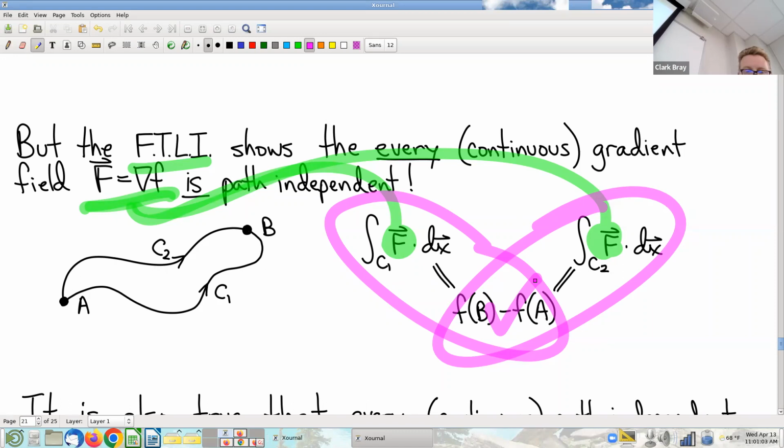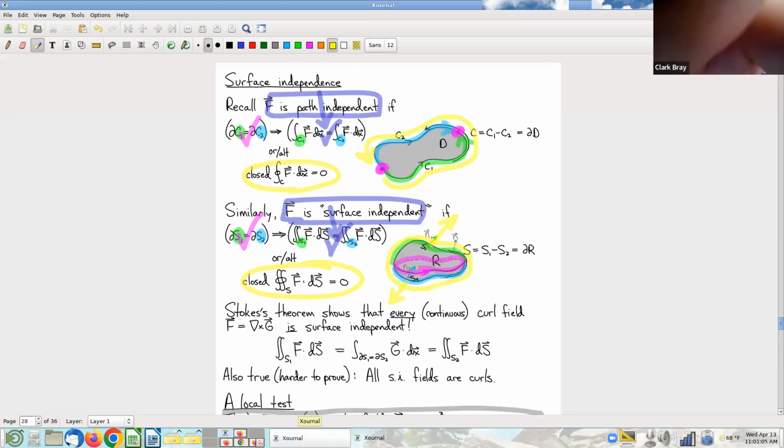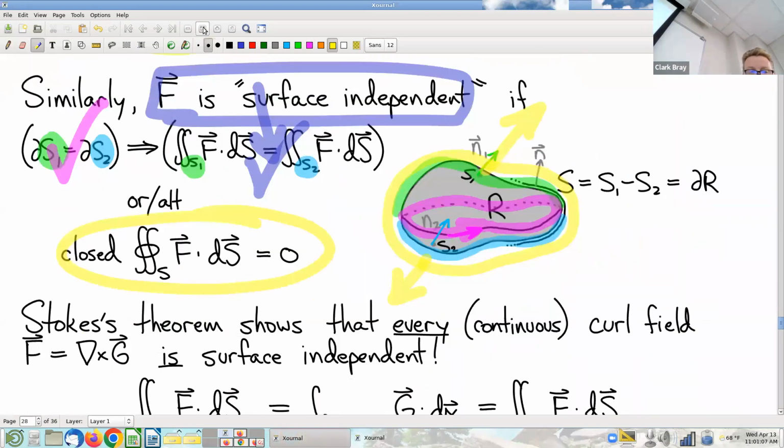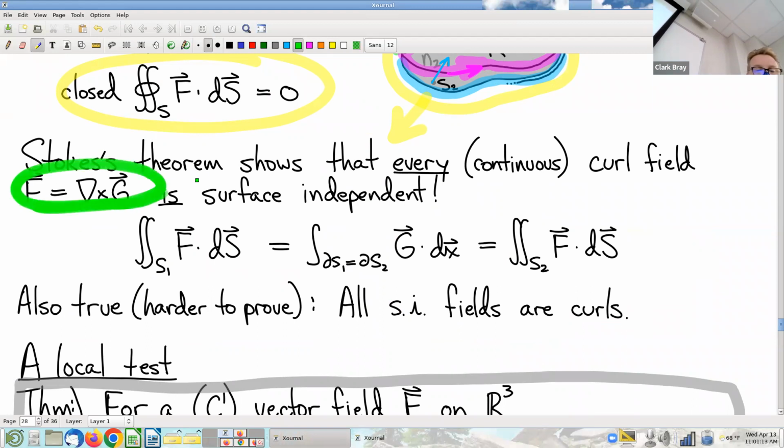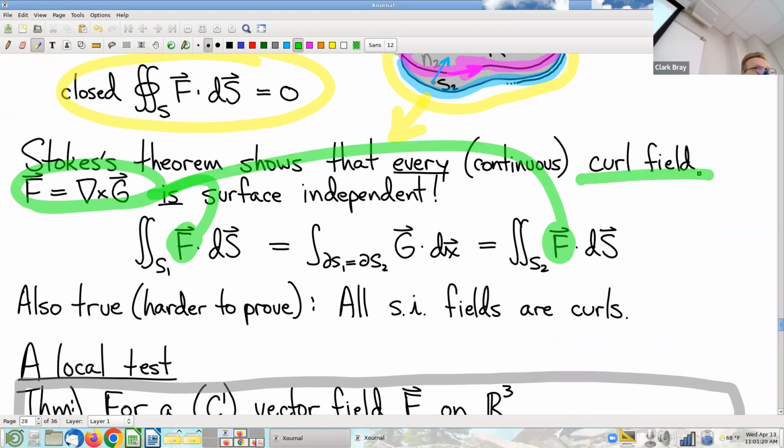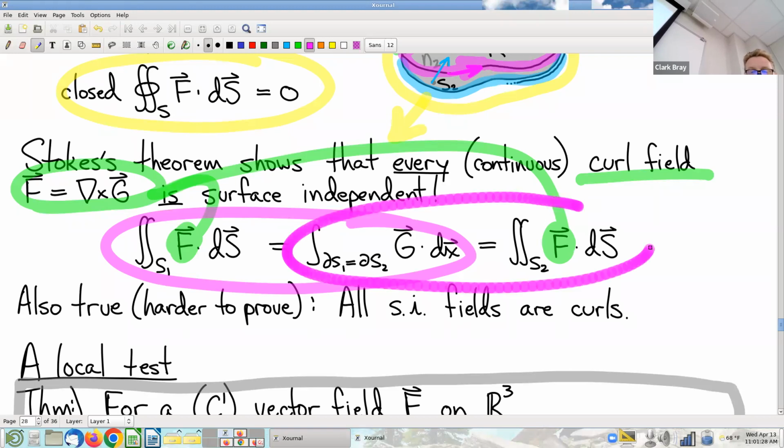So here's the analogous argument for surface independence. Stokes' theorem does it for us instead. Specifically, if you have a curl field, Stokes' theorem says you can evaluate fluxes of curls by looking at the boundary.